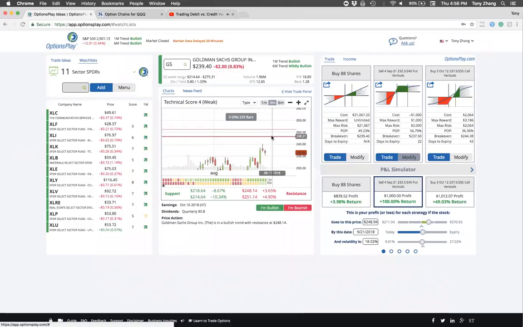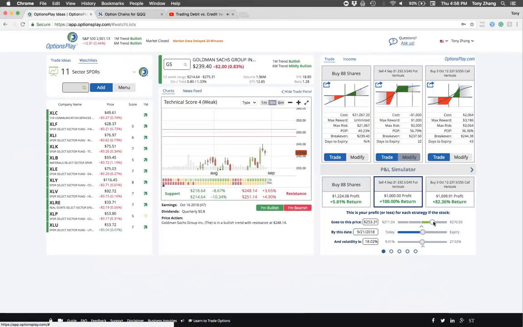It's only up to here, which is roughly the same amount of move that it made over the last few days, from about 234 to 245. So it made about a $10 move over the last 3 days. It's not crazy to think Goldman can make another $10 move higher. So if the stock moves another $10 higher, this debit spread will actually give you the same amount of profit as this credit spread.